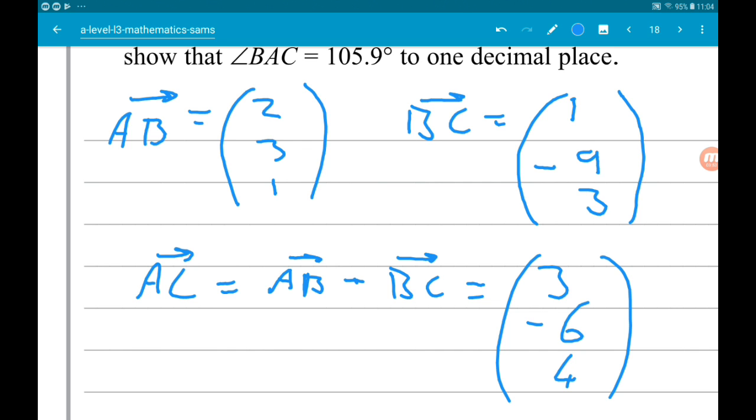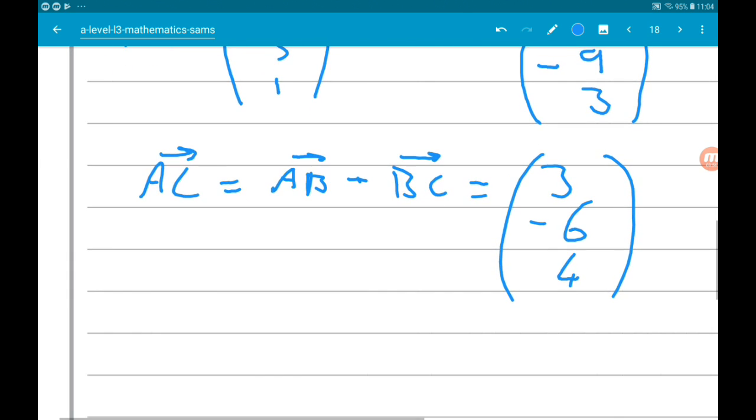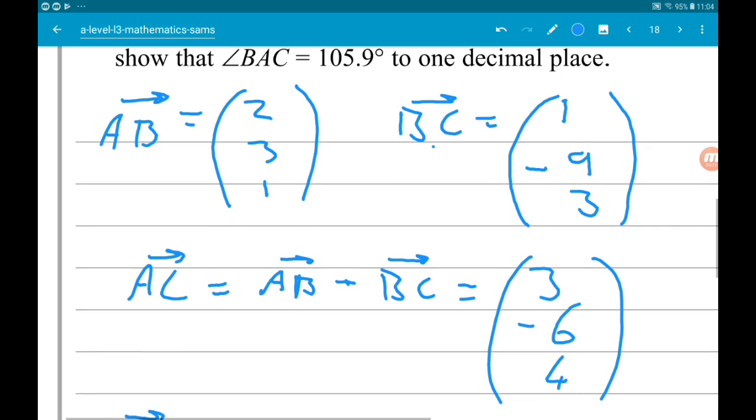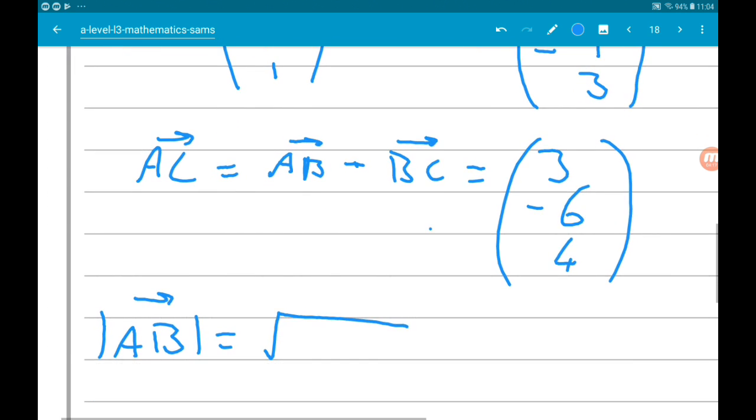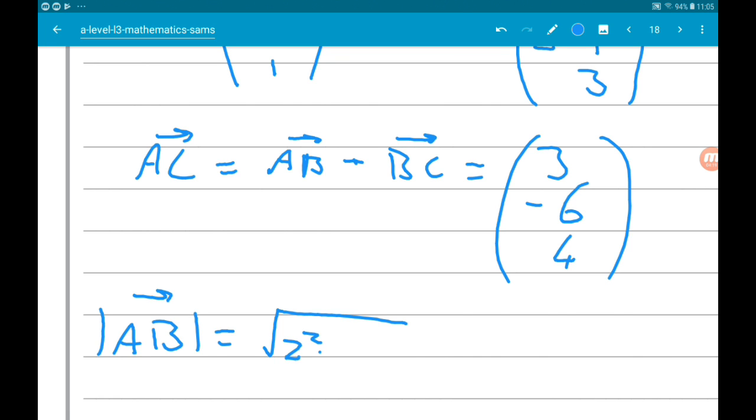So what we now need are the lengths, or the magnitudes of these vectors. So the magnitude of AB is square root of 2 squared add 3 squared add 1 squared, which is 4 add 9 add 1, which is root 14.